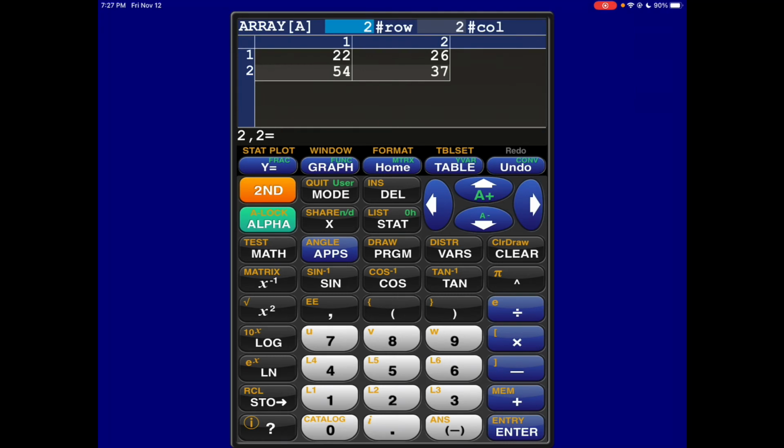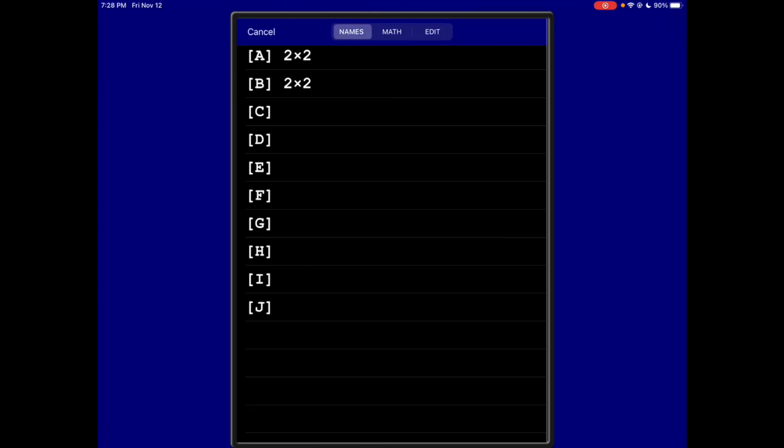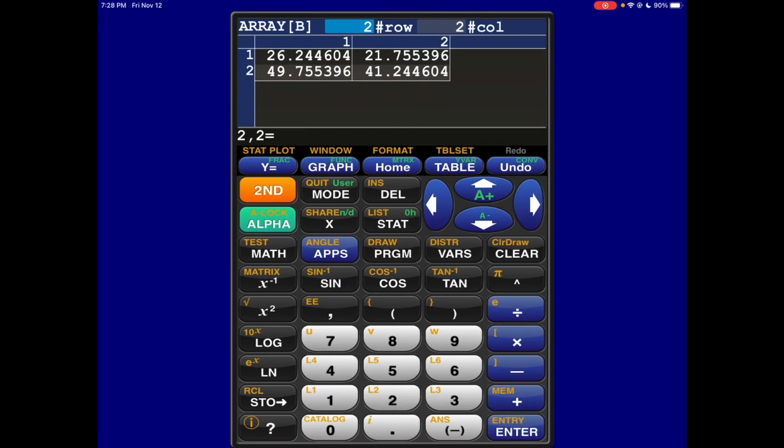And I've entered those in here. These are what was given to us in problem number 3. First row is 22, 26. Second row is 54 and 37. And then for my expected values, second and matrix, edit, and go to matrix B. Here are the expected counts that we just calculated for problem number 3.